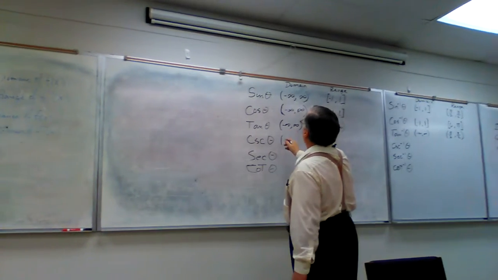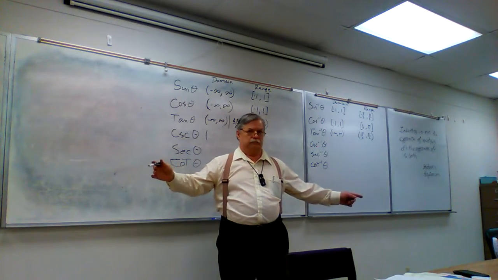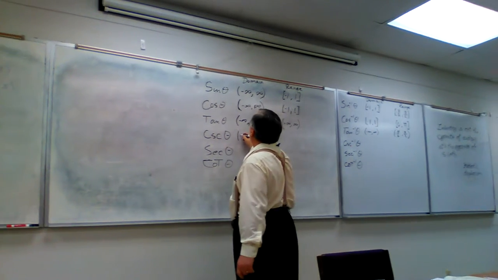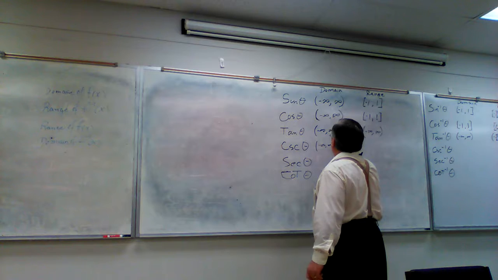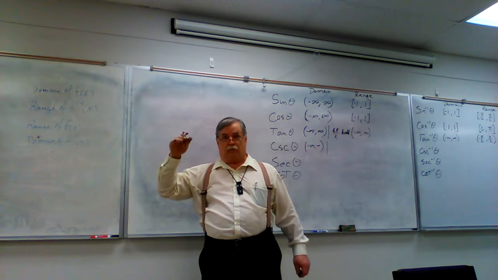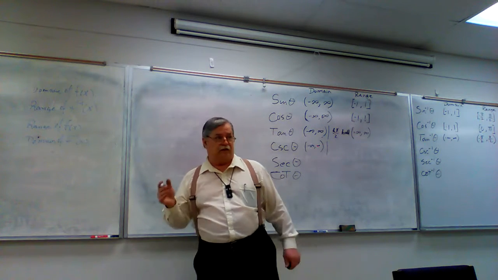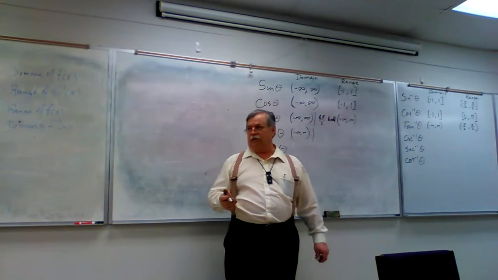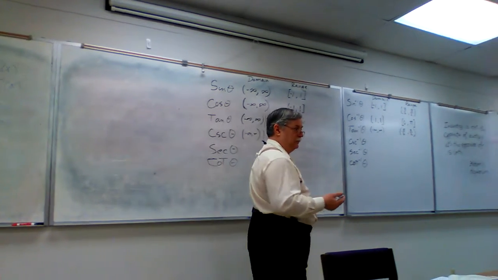So what's the domain of the cosecant function? Negative infinity to infinity, except, because it's defined as 1 divided by sine theta, anywhere sine theta is 0, it would be undefined. Well, where is sine theta 0?